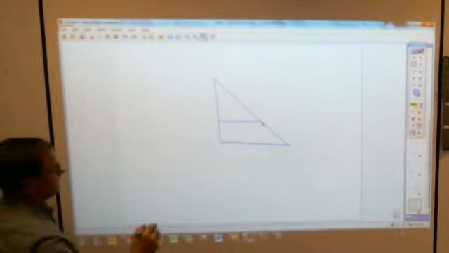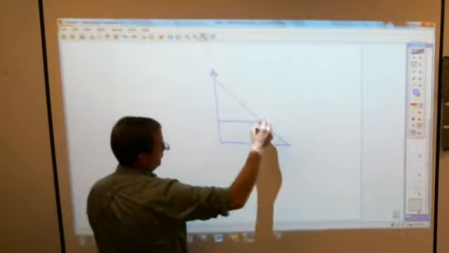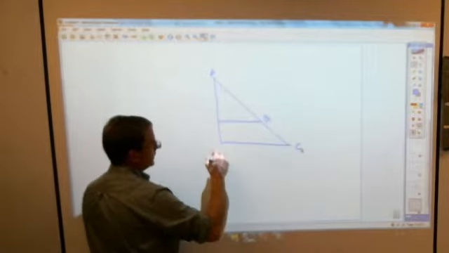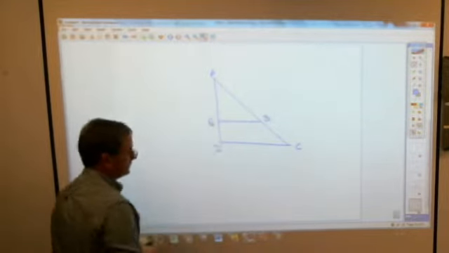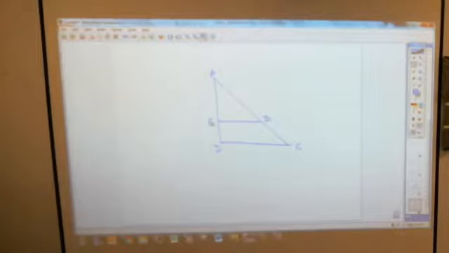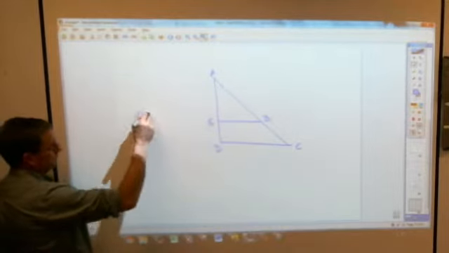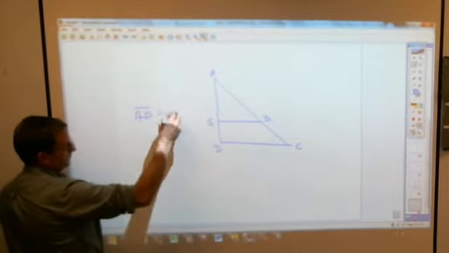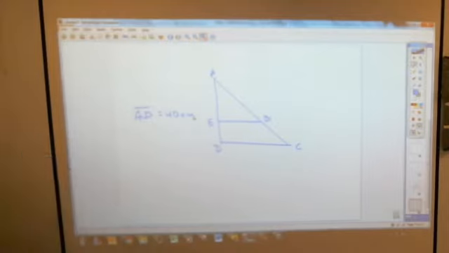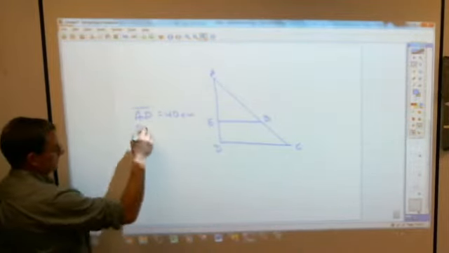A, B, C, D, E. Are you with me on that? And this is what you need to write down. AD is 40 centimeters. DC is 30 centimeters.